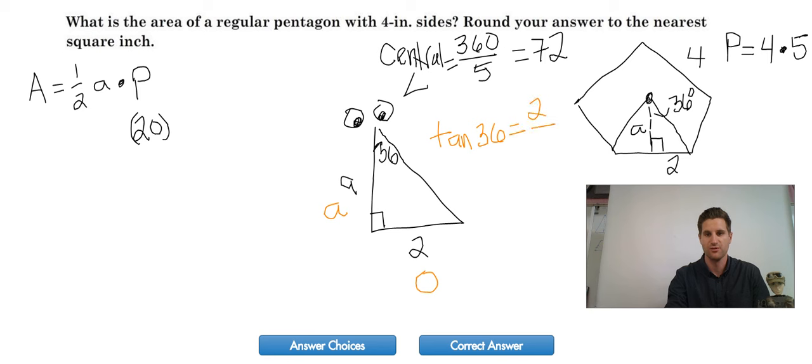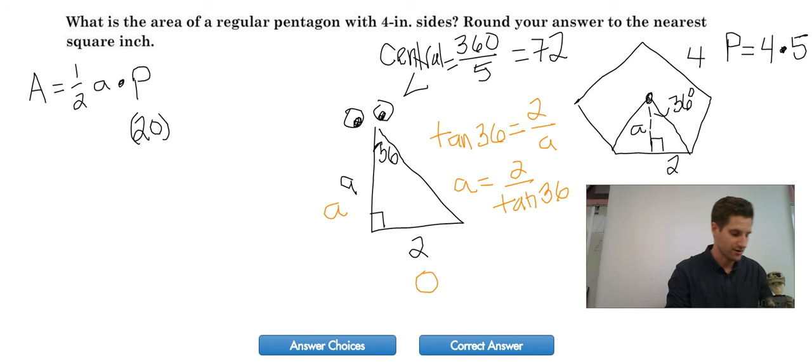Opposite is 2 over A. Again, those are going to switch spots, so the apothem is going to be 2 over tan 36. So we're going to use our calculator, 2 divided by the tan of 36. And A, our apothem, is going to be equal to about 2.7527.